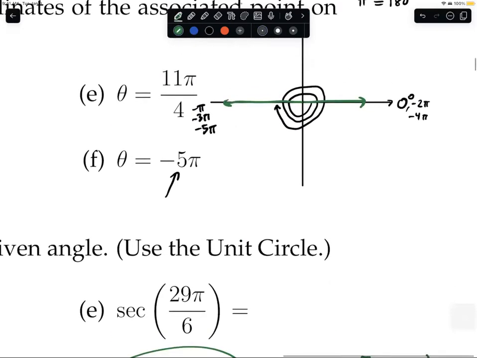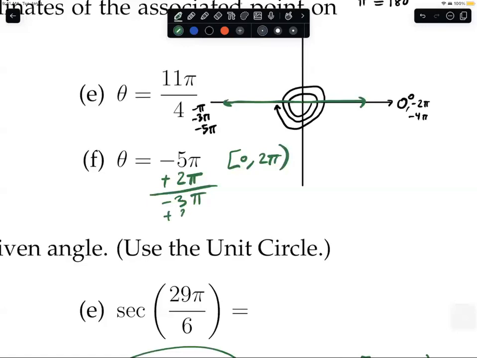Is negative 5 pi between 0 and 2 pi? No, because negative 5 pi is negative, it's less than 0. So we can add 360 degrees or 2 pi radians to get a coterminal angle. That gives negative 3 pi, which is also not between 0 and 2 pi because it's negative.